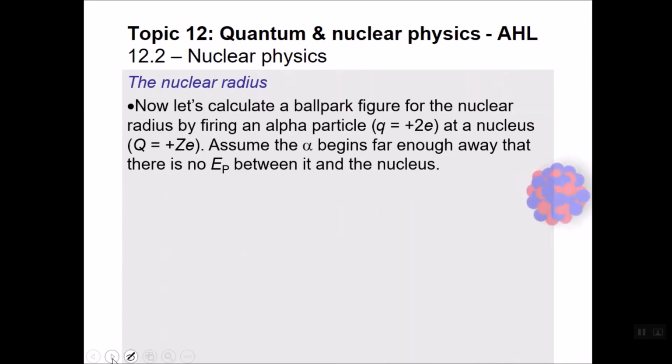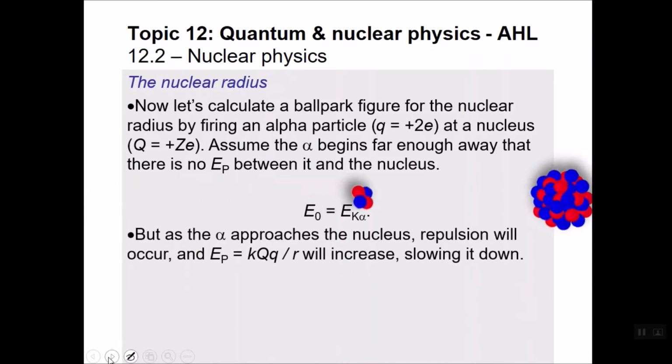So once we figured out what the shape of an atom was, using quantum physics, we have calculated the radius of an atom. What's the radius of the nucleus of an atom? So again, they would fire alpha particles at the nucleus of an atom, and because it's got two positive charges in it, and all of these positive charges in the nucleus, there would be a Coulomb repulsion.